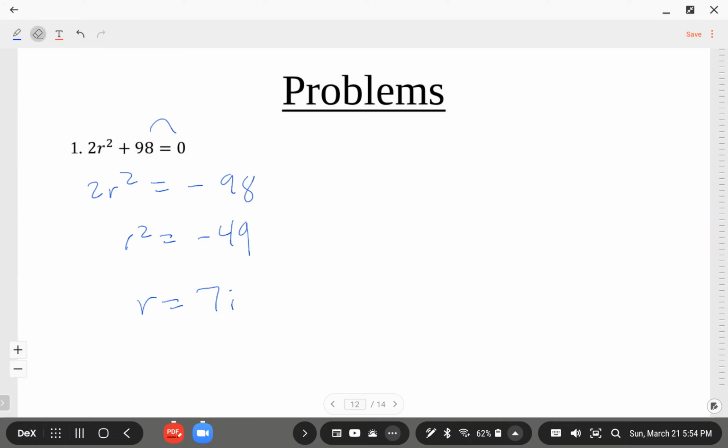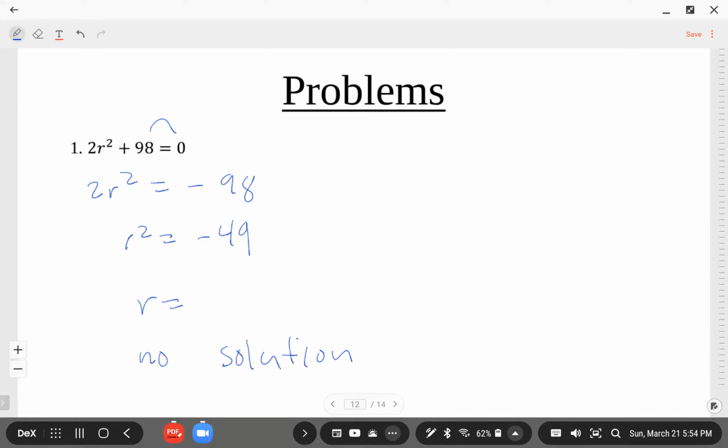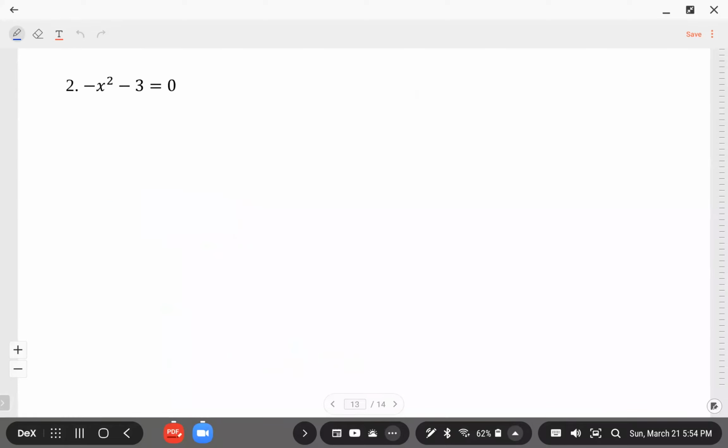That's going to be in Algebra 2. Let's not worry about that. It's going to be no solution, because you can't take the square root of a negative number.